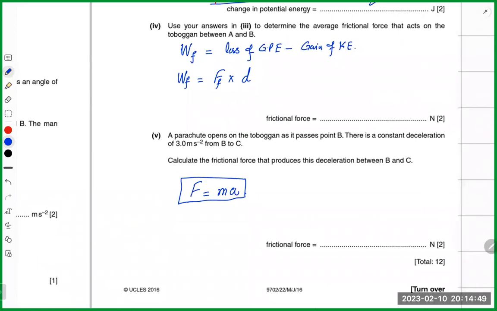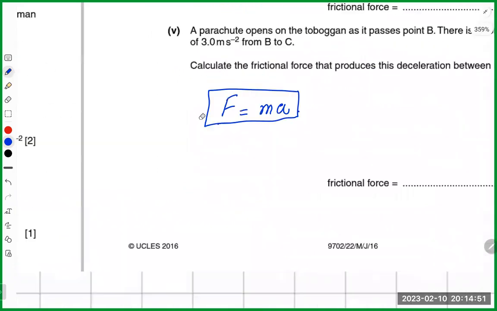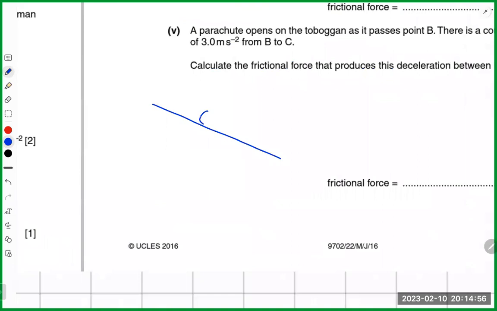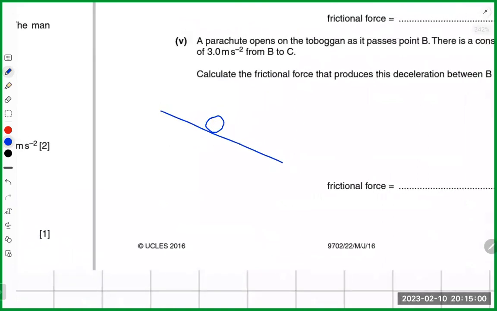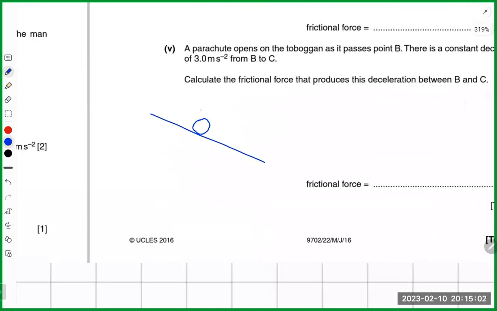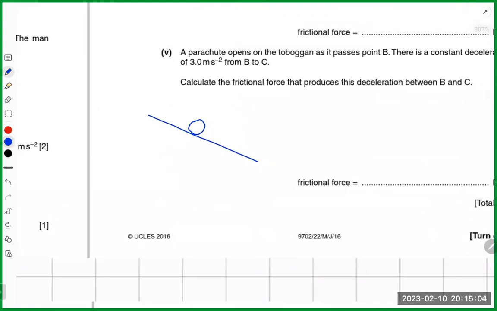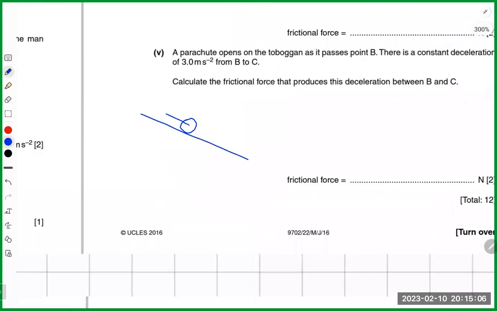And this is the toboggan. So frictional force is acting upwards. Mg sine theta is acting downward.